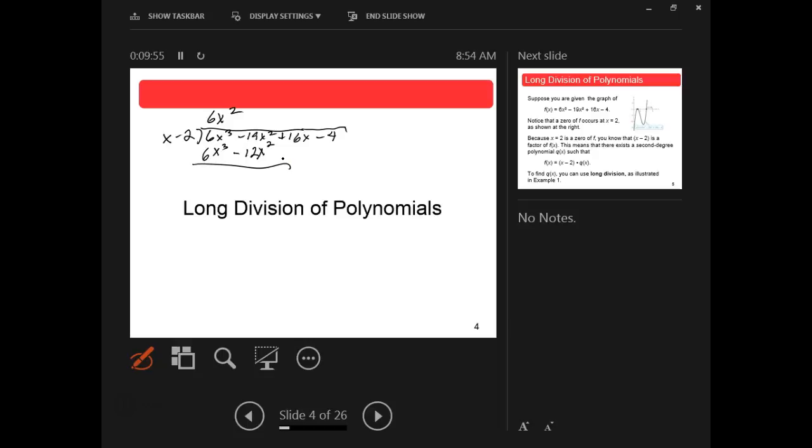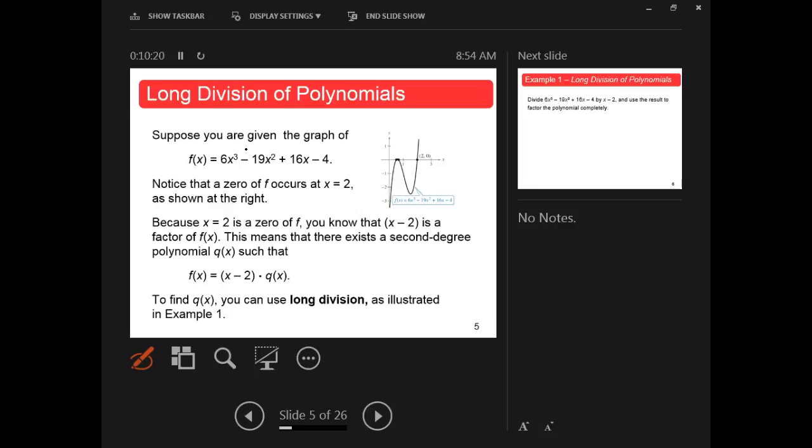Subtract. Okay, now we've got signed numbers. When we're doing normal long division, they were always whole numbers, positive numbers most of the time. Now we've got signed numbers. To me, the best way to subtract signed numbers is change signs and add. That helps me avoid error. I don't like making errors. So I'm going to change that to a minus, that to a plus, and then add. That's how you subtract signed numbers, right?